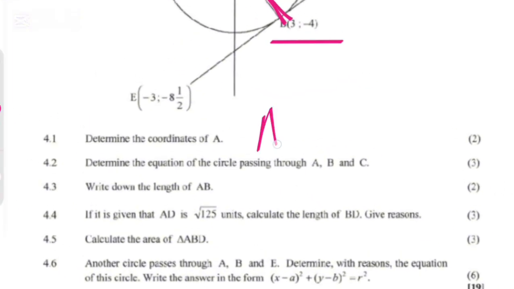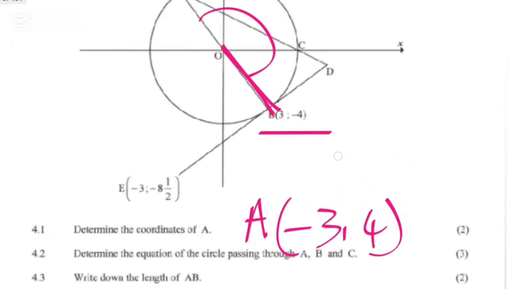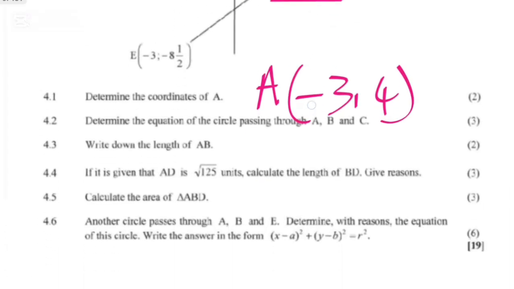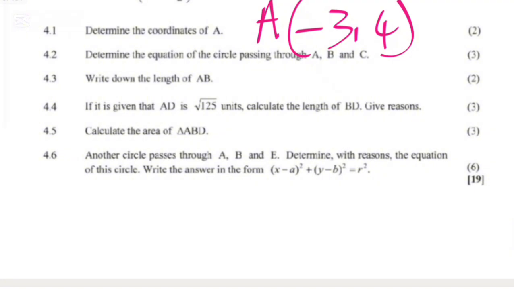You can just say A is equals to minus 3 and 4. So when there's a rotation of 180 degrees, this is the coordinate. Okay, let's proceed.